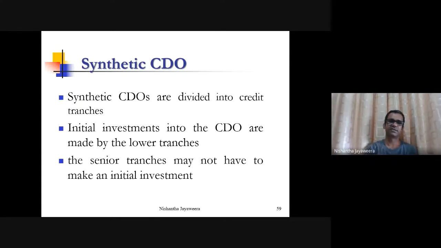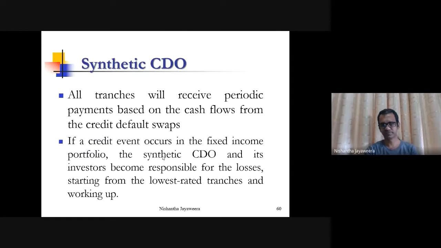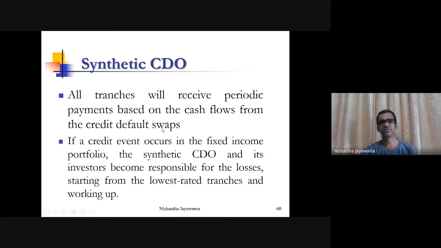Again, the synthetic CDOs are divided into tranches. The lower tranche, that means the equity tranche, provides the capital or the initial investment, and the senior tranche may not have to make any investment. Even in the synthetic CDO, every tranche will get a payment based on the cash flows arising from the credit default swaps.